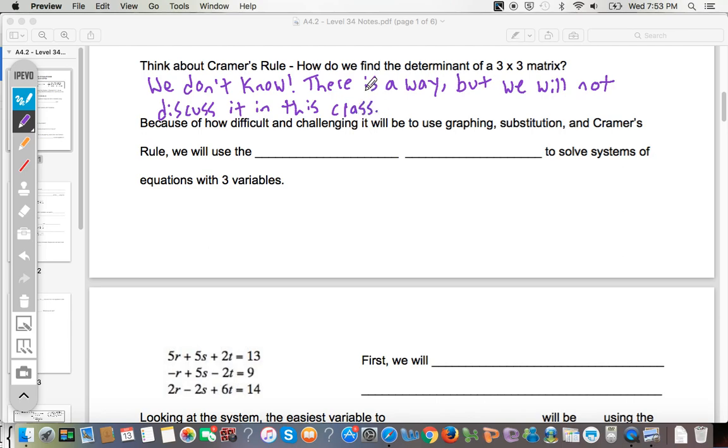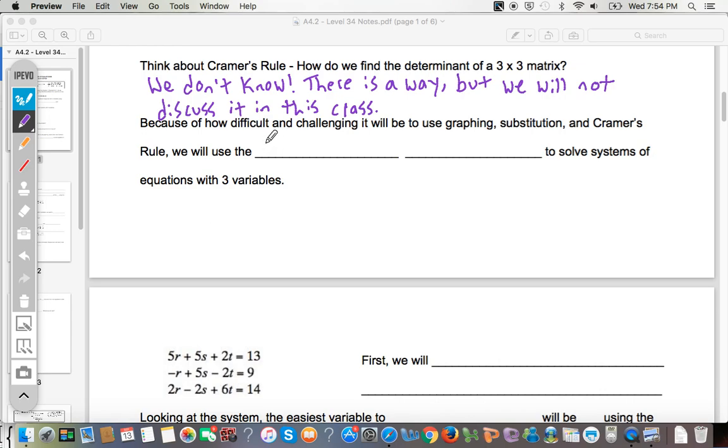So it turns out, as we know, finding the determinant of a 2x2 matrix isn't that complicated. Finding the determinant of a 3x3 matrix is a little more complicated. I'm sure you could wrap your mind around the mathematics at this point. A 4x4 matrix just gets way more complicated. So at this point, we don't know how to find the determinant of a 3x3 matrix, and we're not going to find out, unfortunately, in this class, unless we have some extra time.